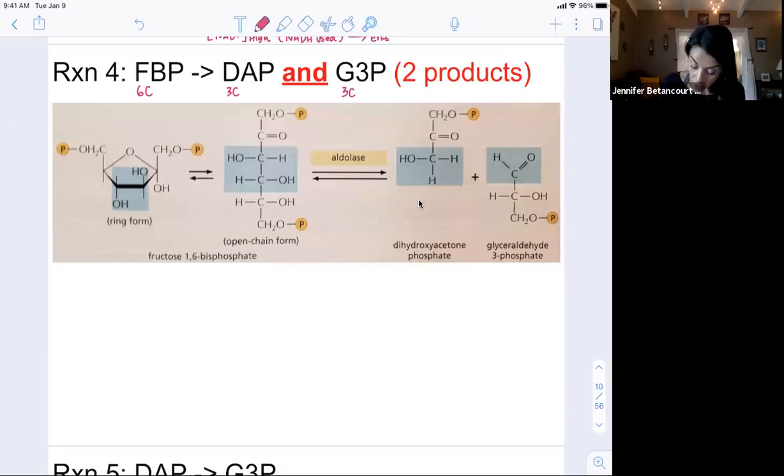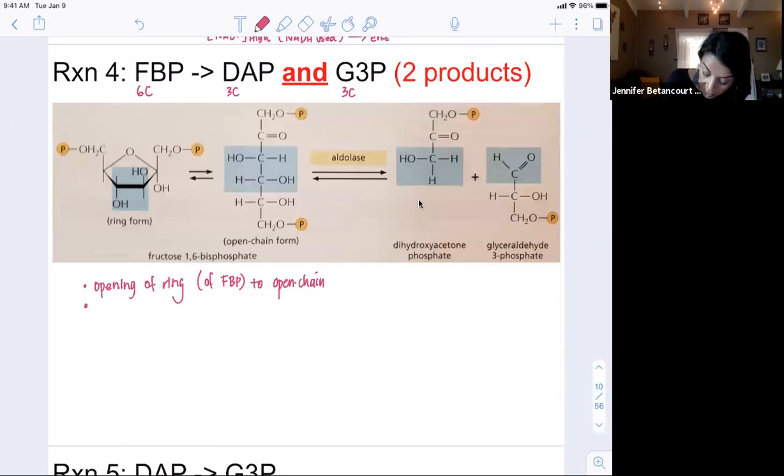Okay, so I'm just going to highlight some of the things that the enzyme catalyzed. The enzyme catalyzed the opening of the ring of FBP to the open chain.